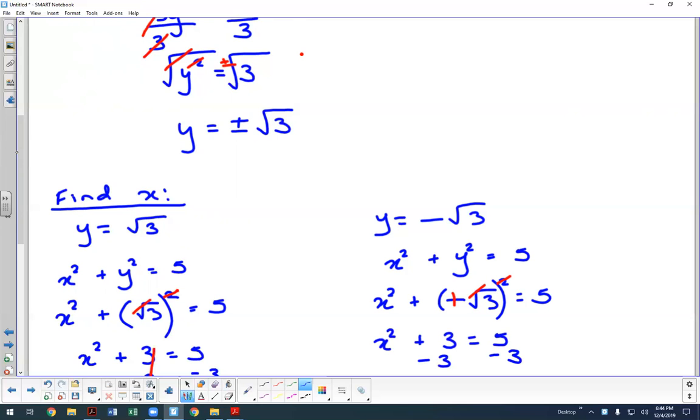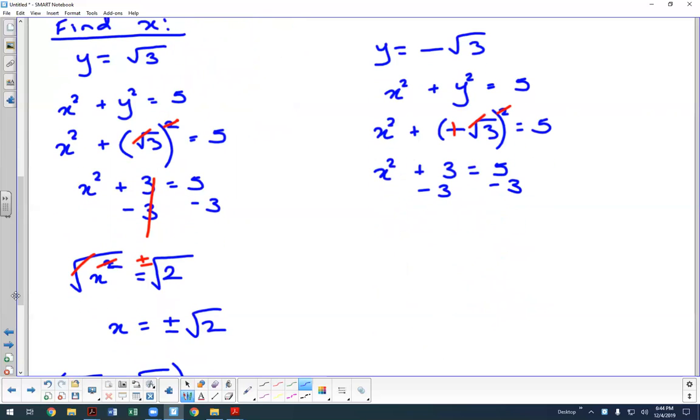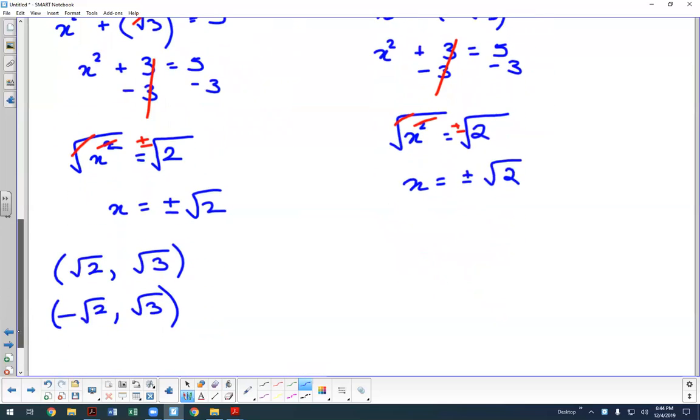Subtract that 3. And we're basically going to see the same result from this side as well. So we will again end up getting positive square root of 2 with negative square root of 3, negative square root of 2 with negative square root of 3.